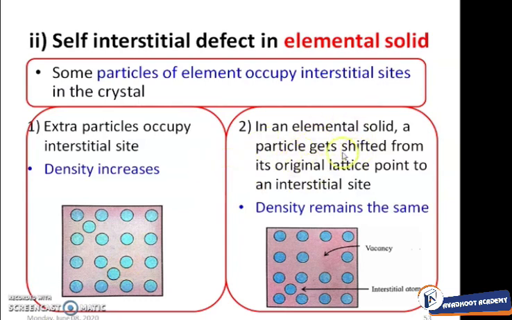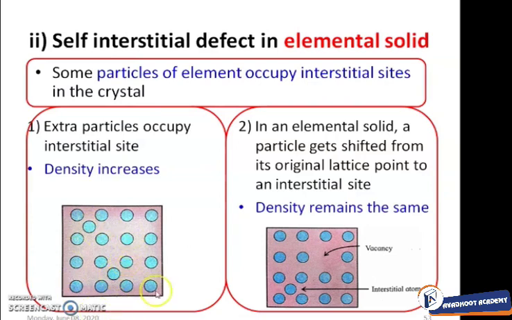Another way of formation of this type of interstitial defect is, in an elemental solid, a particle gets shifted from its original lattice point to an interstitial site. For example, look at this diagram. From this position one particle is missing, and the same particle has shifted to this interstitial site. So this is again an interstitial defect. But what is the difference between these two? In the first case, an extra particle occupies the interstitial site.